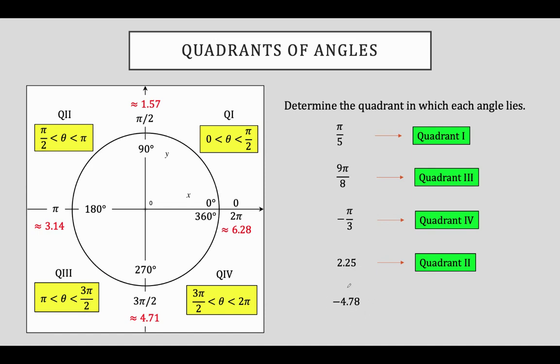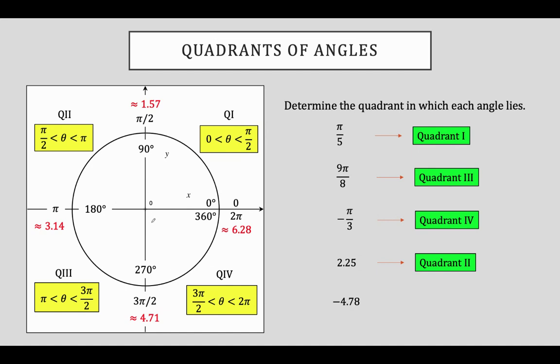And negative 4.78. I'm going to sweep through an angle of 4.78 radians, but in the negative direction, which is clockwise. So this would be a half pi in the negative direction, a full pi or 3.14 radians in the negative direction, then to 270, that would be negative 4.71 radians.